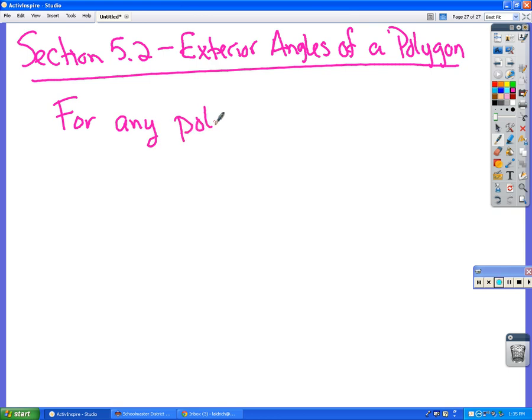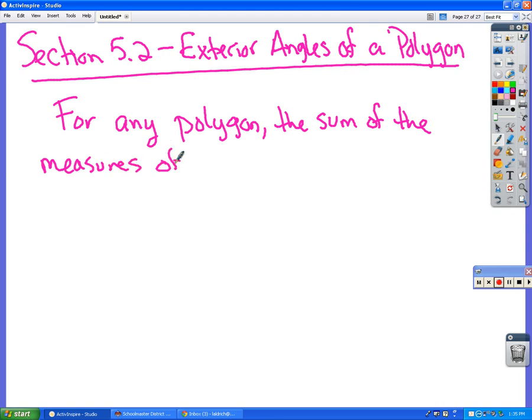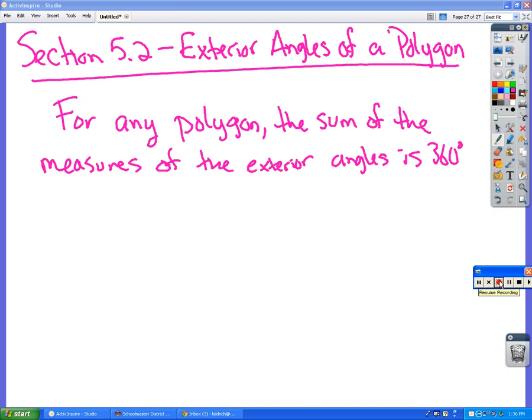First, for any polygon, the sum of the measures of the exterior angles is 360, and that's only one at each vertex. You can't cheat and use two, all right?